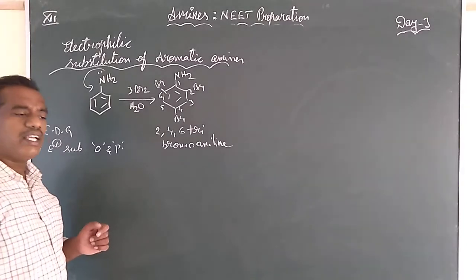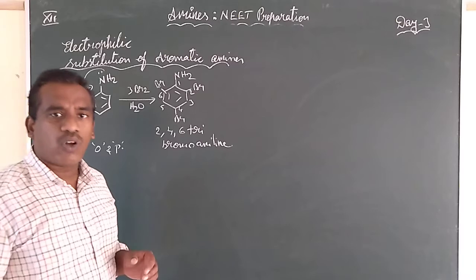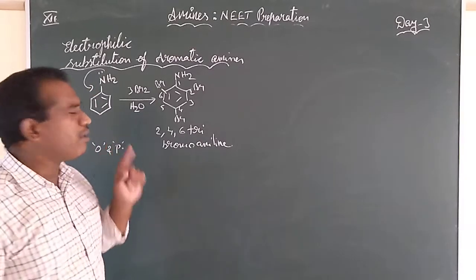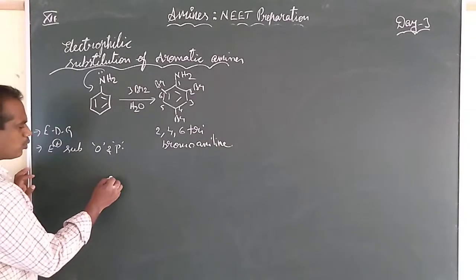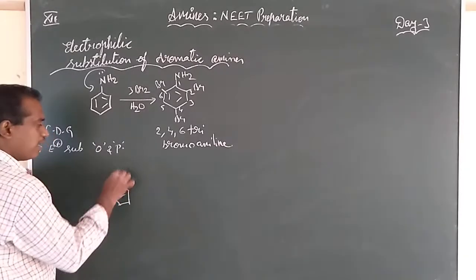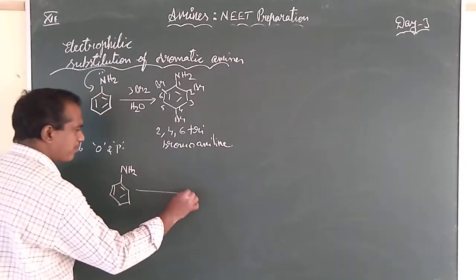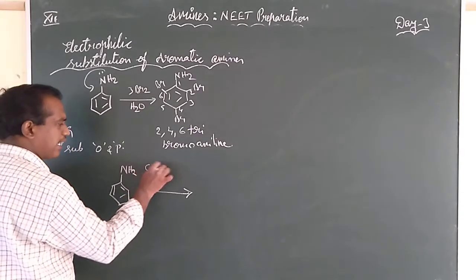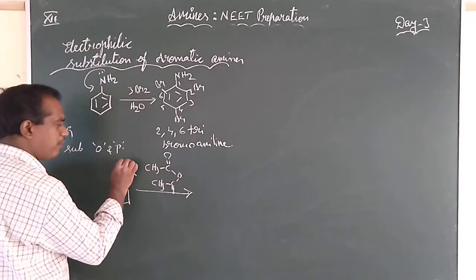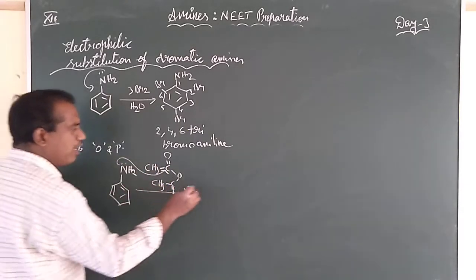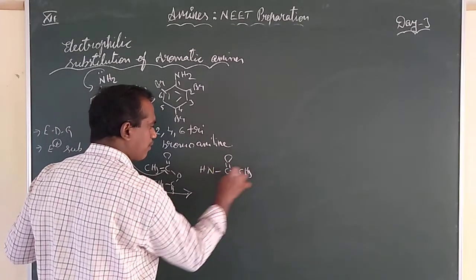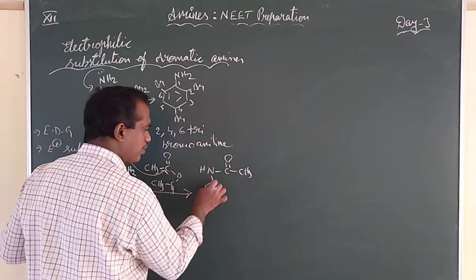Just as we had reacted amine with acetyl chloride, similarly we can get only one bromine substitution. Once we react our aniline in the presence of acetic anhydride, the acetyl group will protect the nitrogen from bond formation.